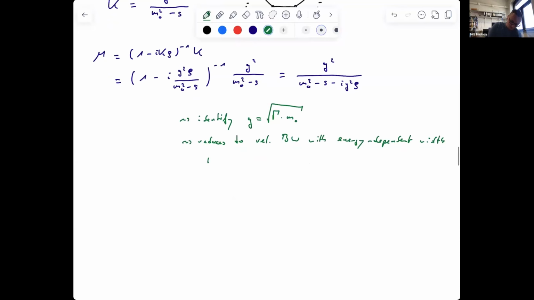This energy dependent width just means that the width is the constant times rho, where rho depends on the energy. Yeah, so this gives us back exactly what we expected.